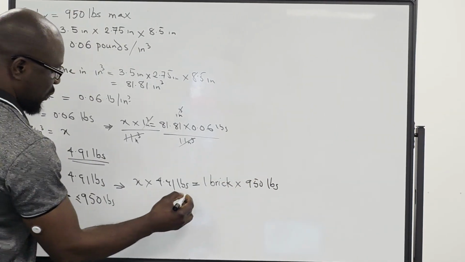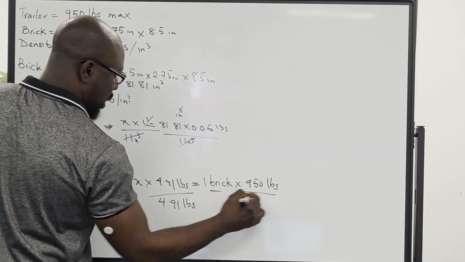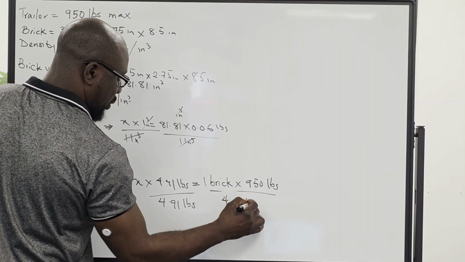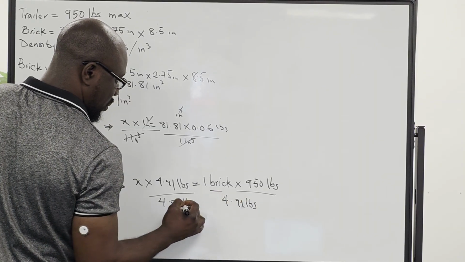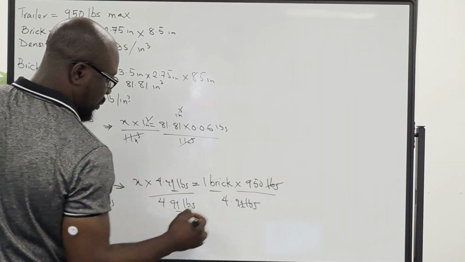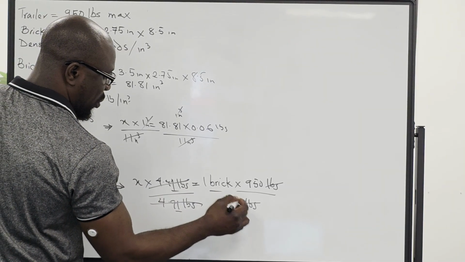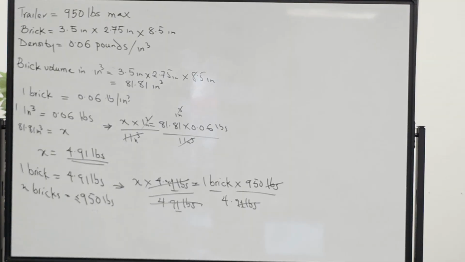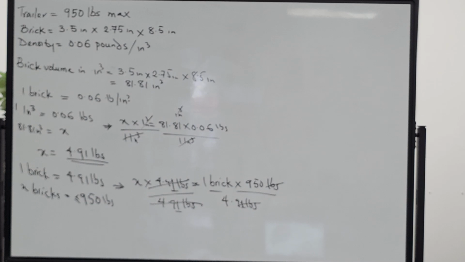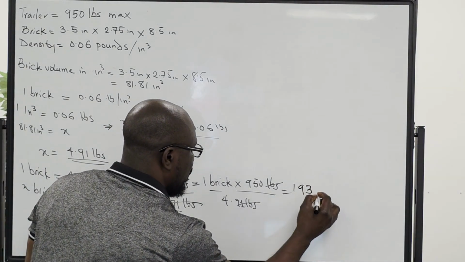We divide both sides by 4.91 pounds, these pounds cancel out, and you have 950 divided by 4.91, which should give you about 193. So that gives 193 bricks.